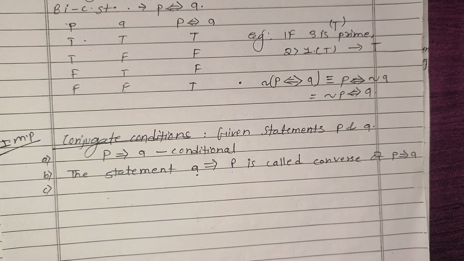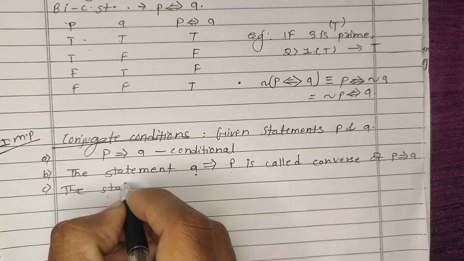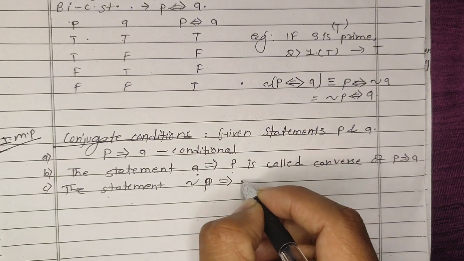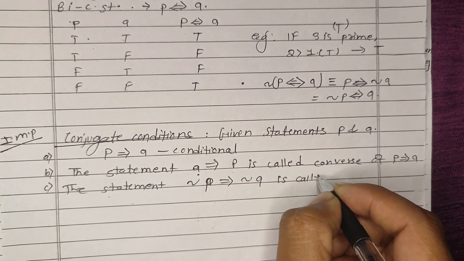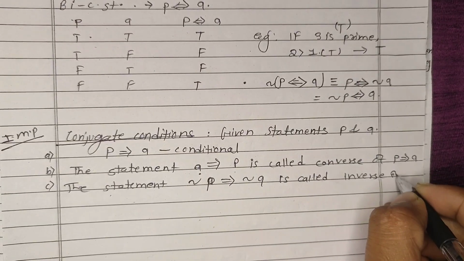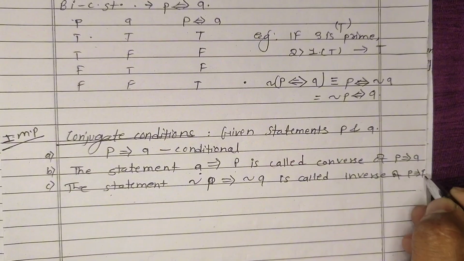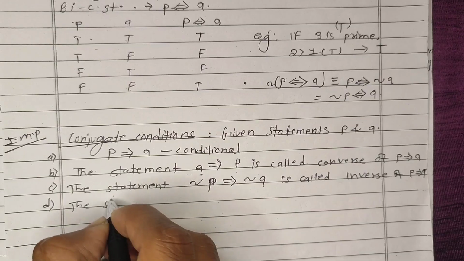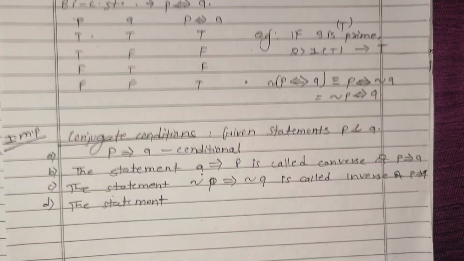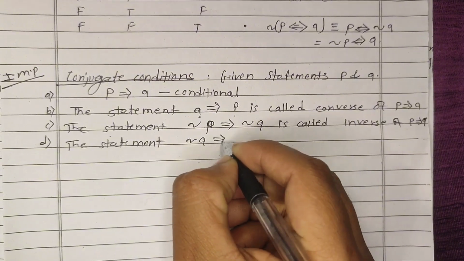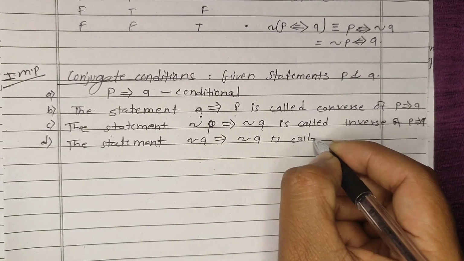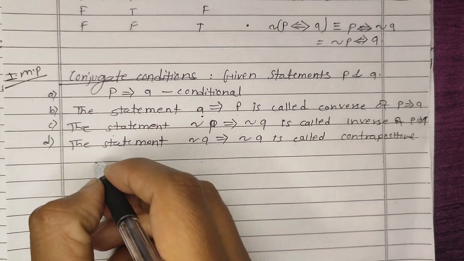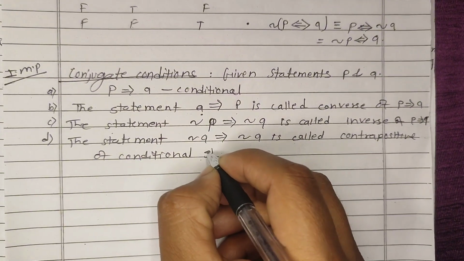Now let's move with our another statement. The statement not P implies not Q is called the inverse of P implies Q. And our other conditional, not Q implies not P, is called the contrapositive of the conditional statement.